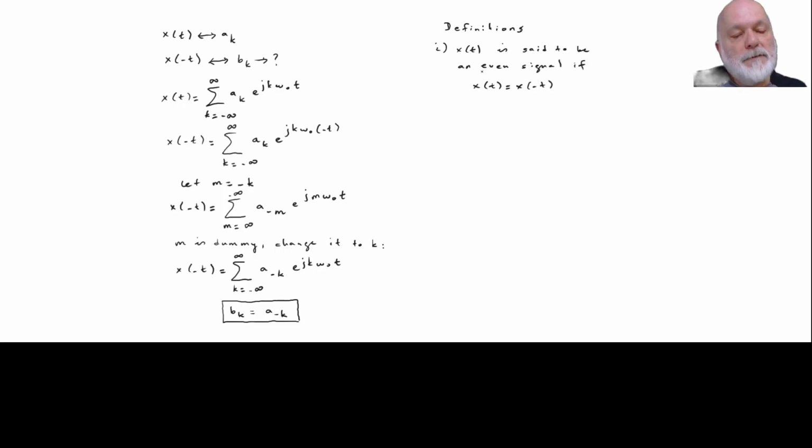So you see, in this definition of an even signal, we use the signal x of minus t. So x of t equal to x of minus t means that the signal is even, and similarly x of t is said to be an odd signal if x of t is equal to minus x of minus t.